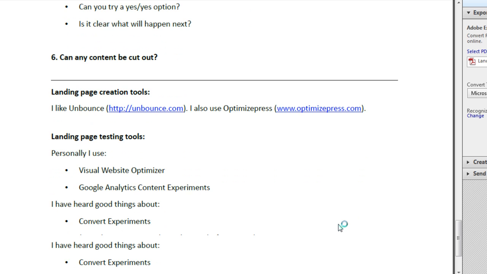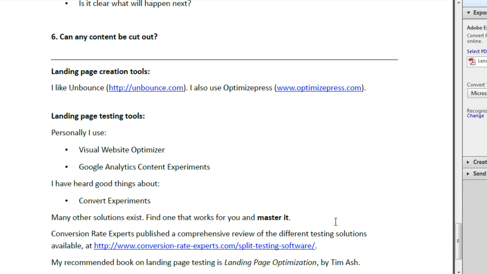You're probably going to want to use some sort of landing page testing software. I personally use Visual Website Optimizer, and I occasionally use Content Experiments in Google Analytics, which is a free product. Essentially what that does is allow you to create two different variations of a page and send half of your traffic to version A, half of your traffic to version B, and find out which version performs best.